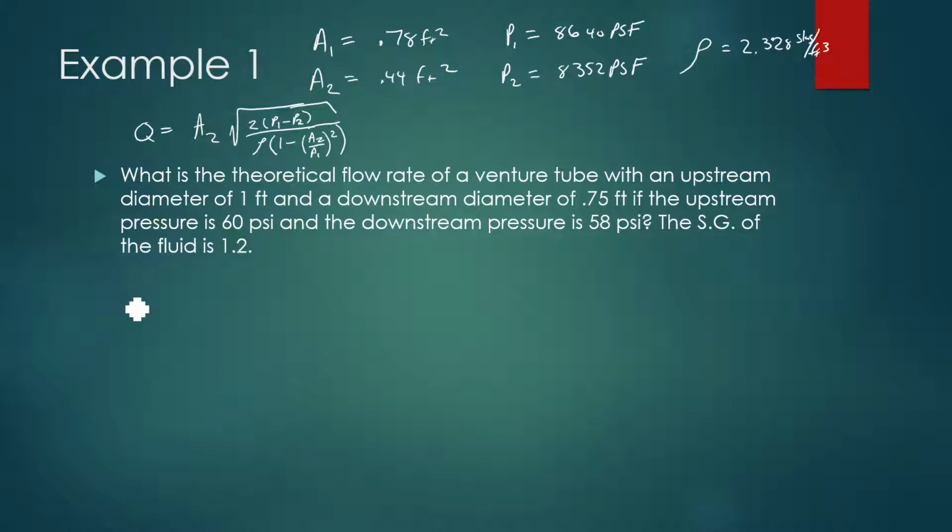It's not too hard. So Q equals 0.44, which is area 2, times the square root of 2 times (P1 minus P2), which is 8,640 minus 8,352, divided by 2.328 times (1 minus (0.44 feet squared divided by 0.78 feet squared) all squared.